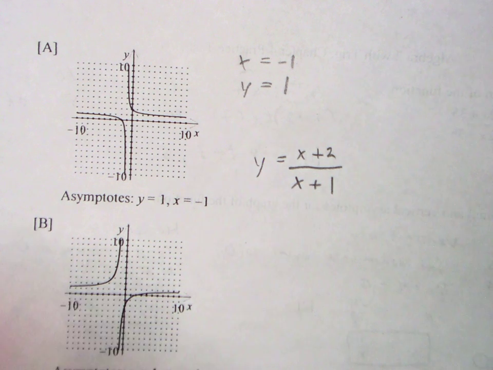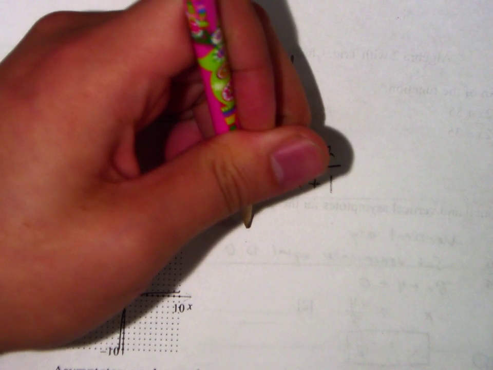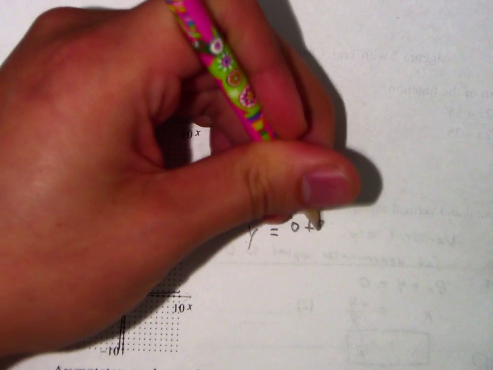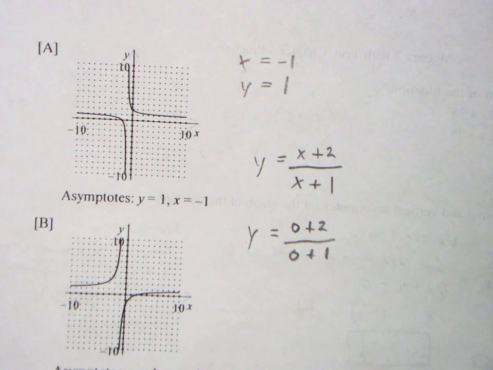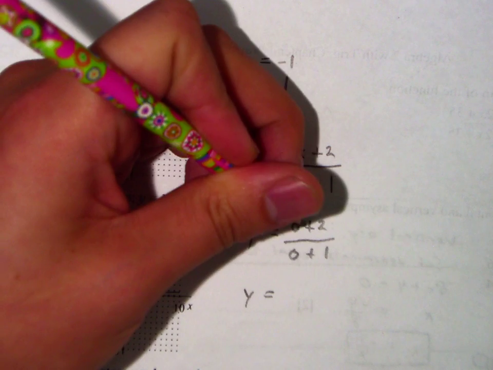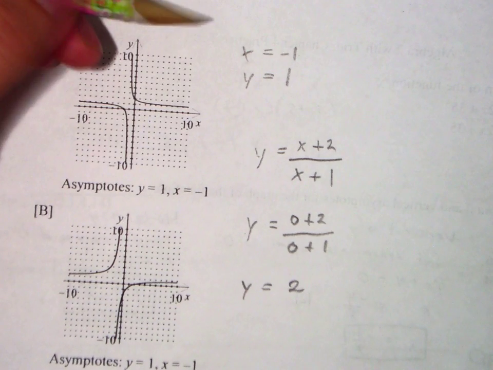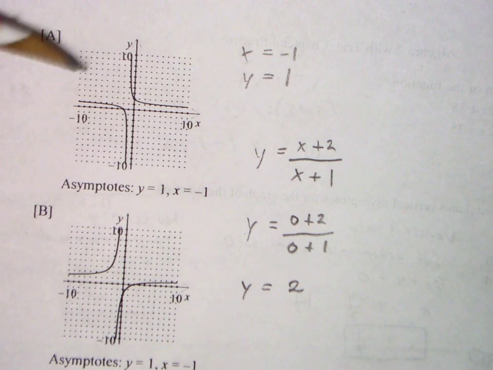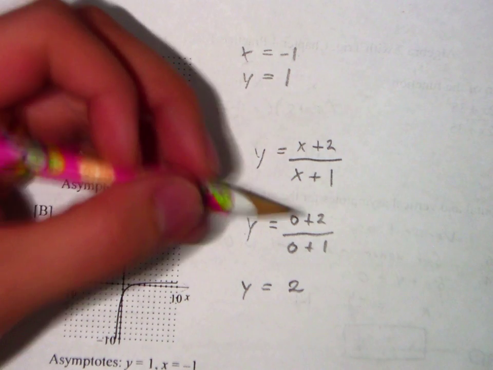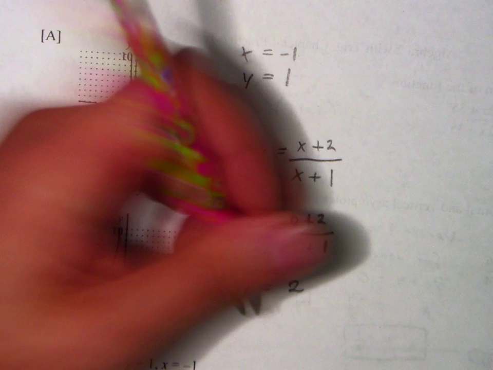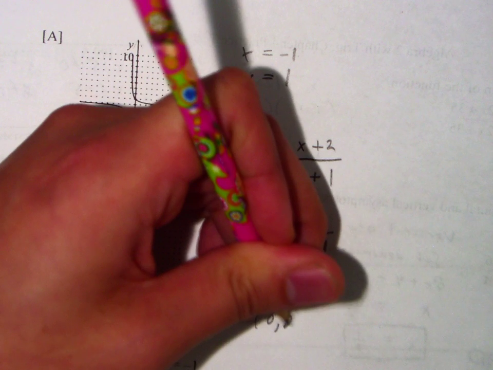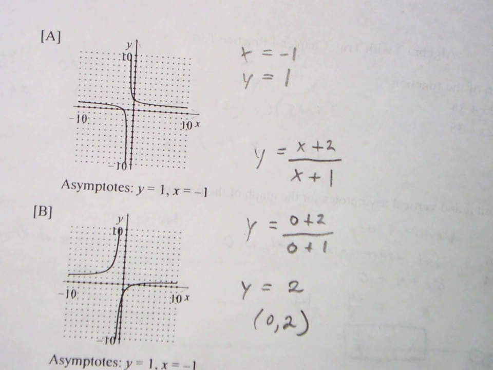Let's solve for y. So if x was 0, we would put 0 in for x everywhere. y would be 2 over 1, which would be 2. So that means in addition to the point of the asymptotes that we have, we know that if x is 0, then y is 2. That means I should have that point on my graph.